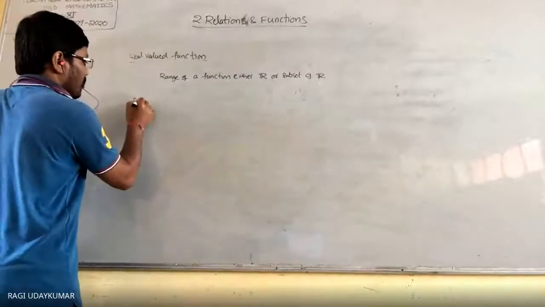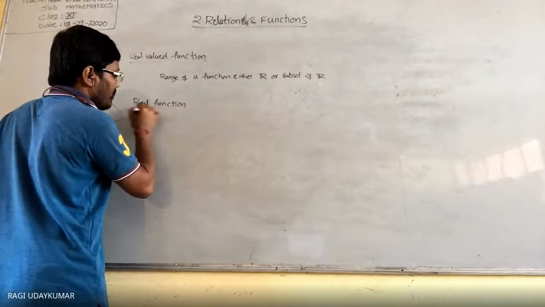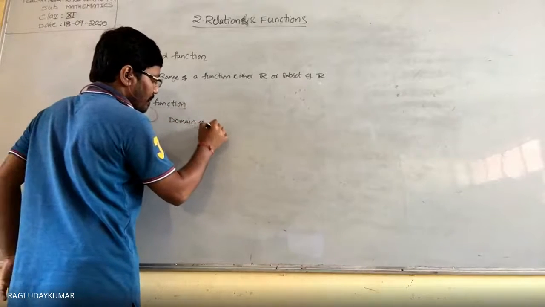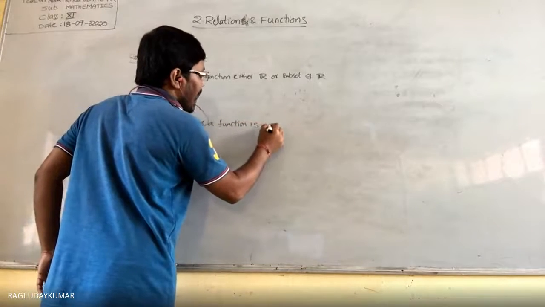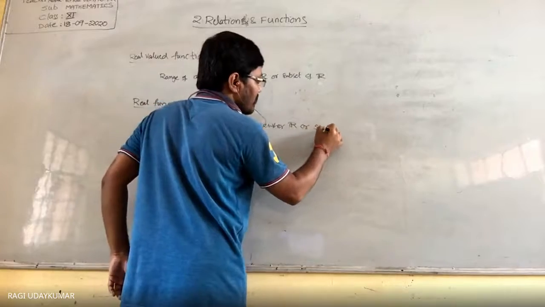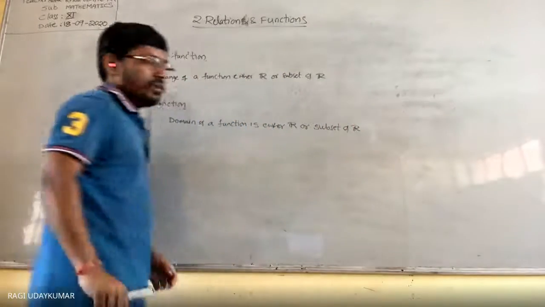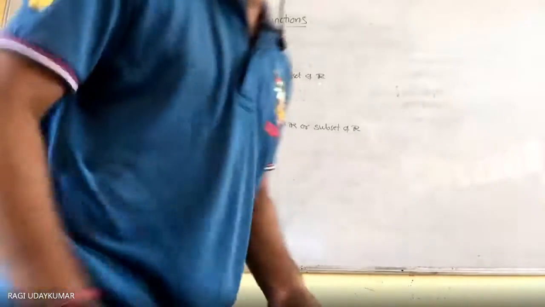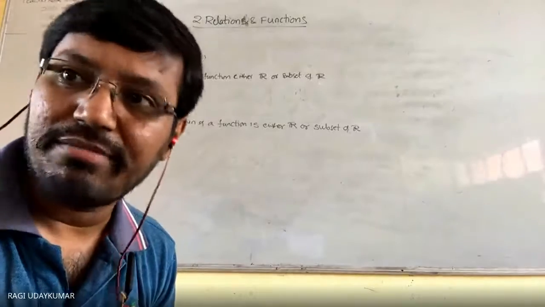And real function. So which function is called as a real function? If the domain of the function is either real numbers or a subset of real numbers, then that function is called as a real function.